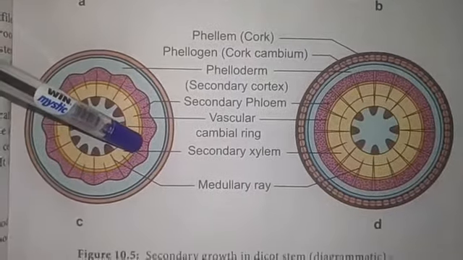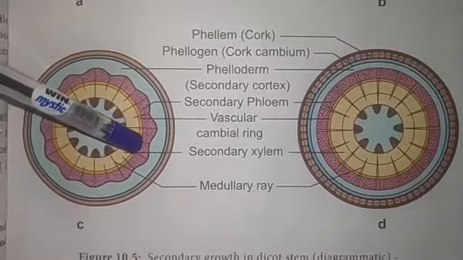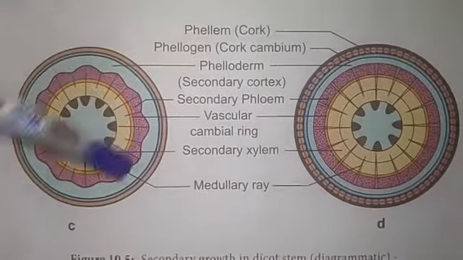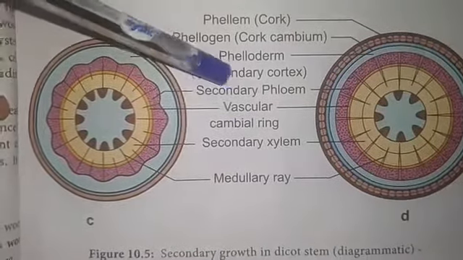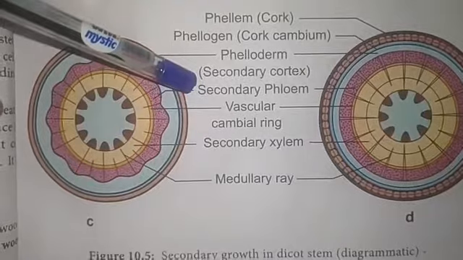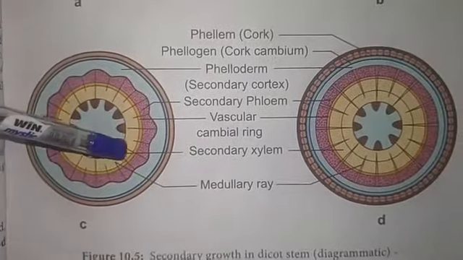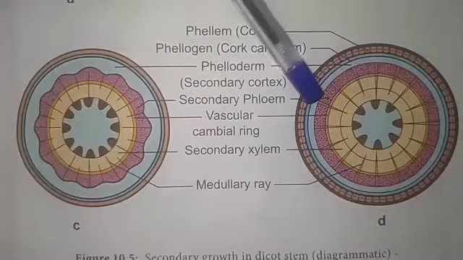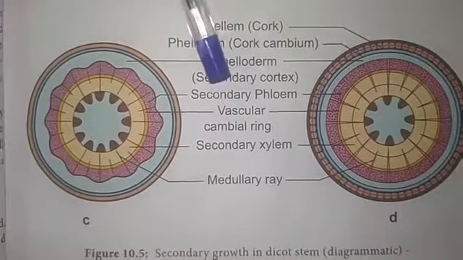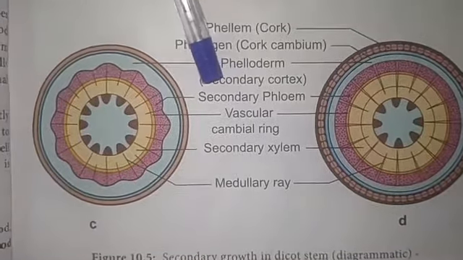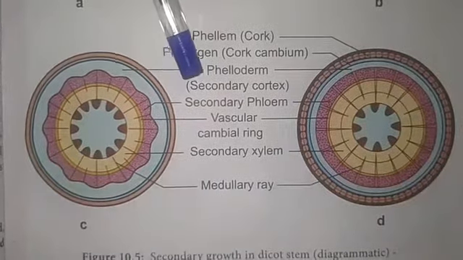The vascular cambium is derived from the lateral meristem. Secondary xylem and secondary phloem are responsible for the secondary growth, and they are formed from the vascular cambium.